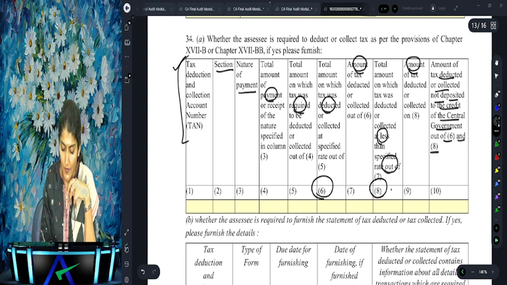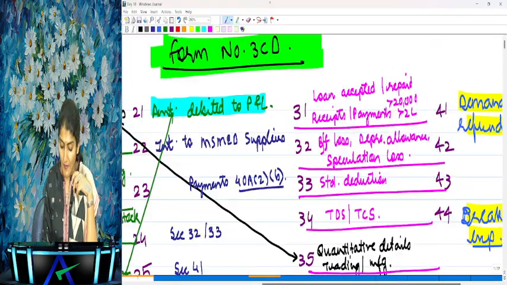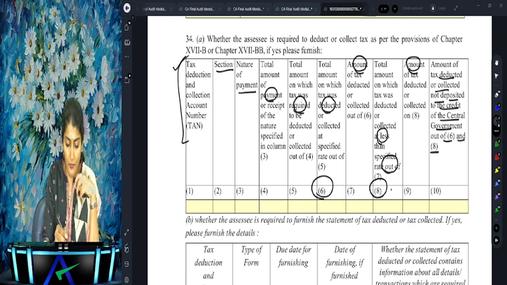So there it is out of 7, and here it is out of 6 and 8.